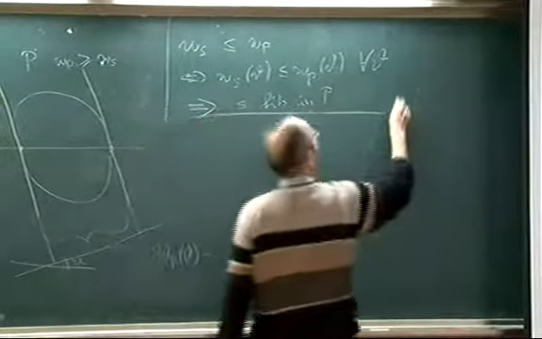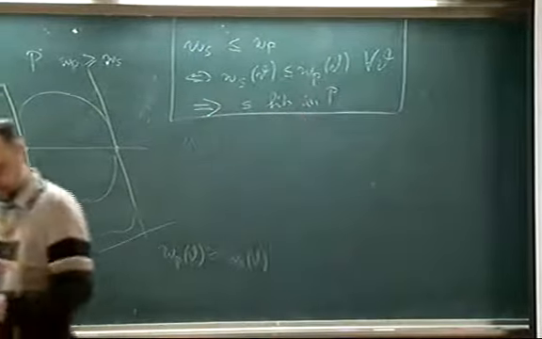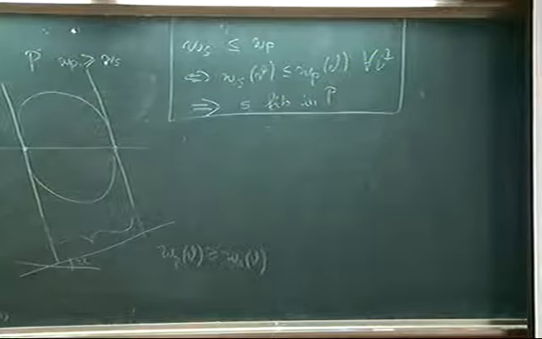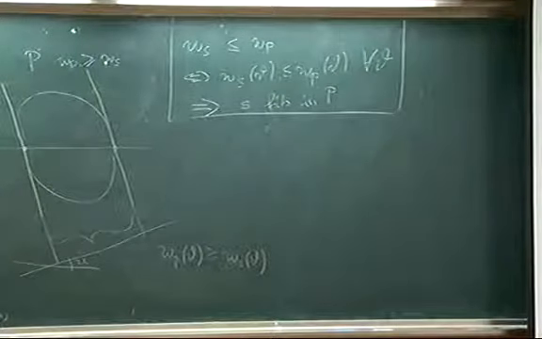So let me record this for further use and tell you a new theorem, which I call the width theorem. If I'm given a convex figure in the plane, then there is always a triangle T such that the area of the triangle is at most the area of P, and the width function of the triangle dominates the width function of P. Right?